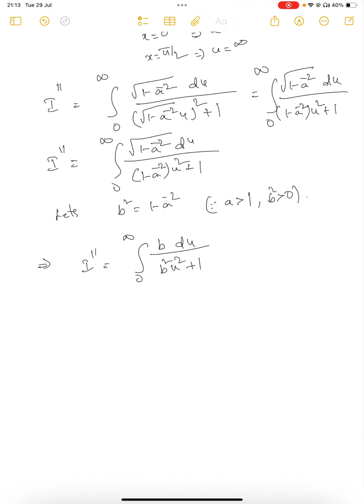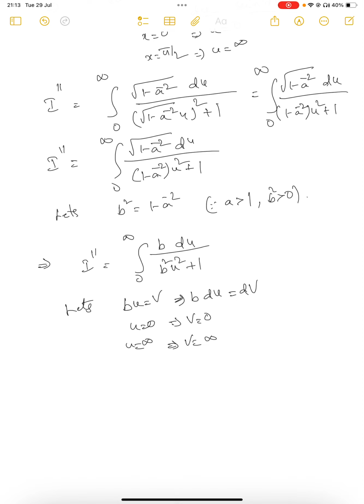Now let's make a substitution here. Let's make bu equal to v, then b du equal to dv, right? If u equal to 0, that implies v equal to 0. If u equal to infinity, v equal to infinity.